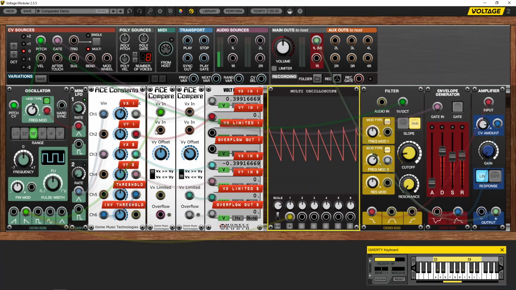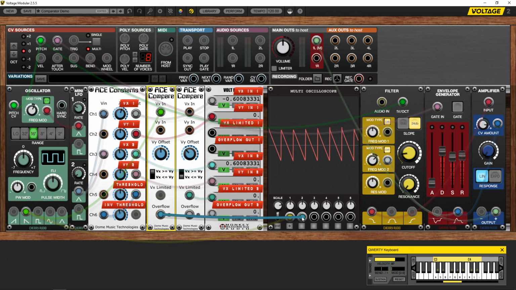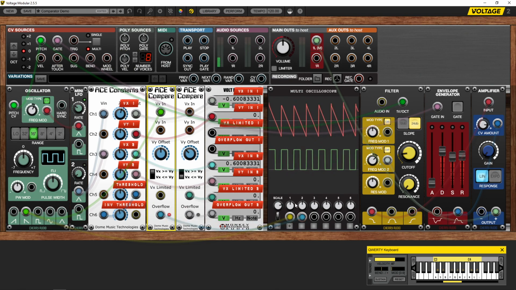If we then just have a look at the overflow output here, you can see that whenever the sawtooth wave is above 0 volts, you get a positive 5 volts output from the overflow signal, and whenever it's below 0 volts, you get a 0 volt output at the overflow.